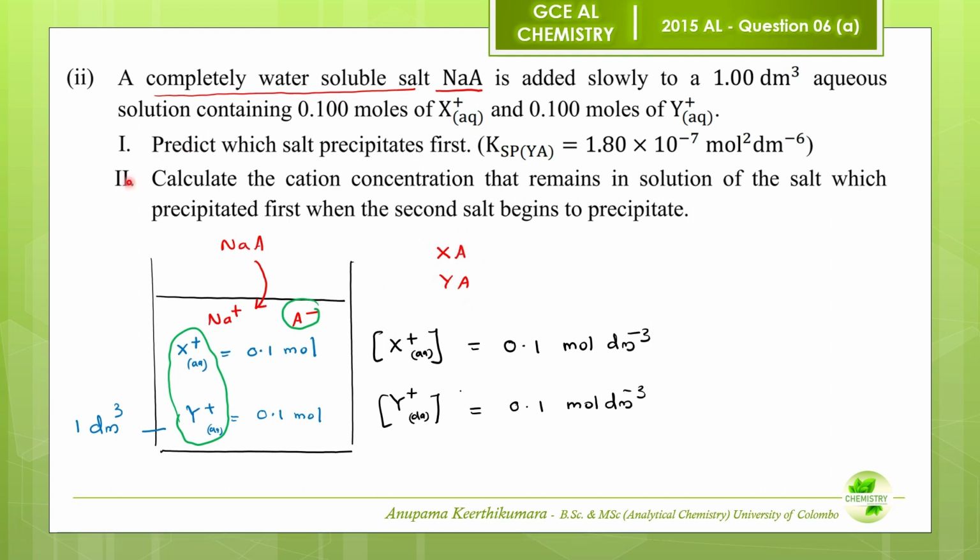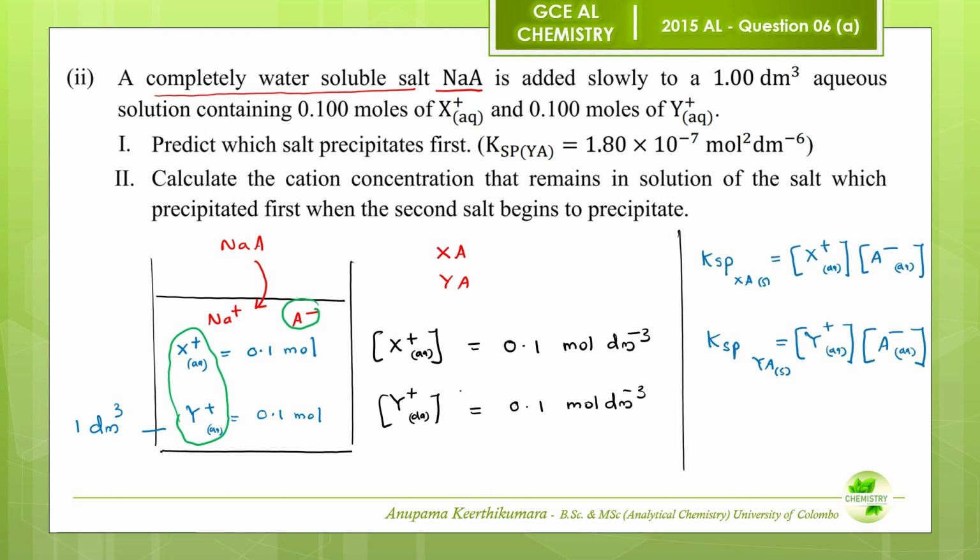Now we will move to part 1 of question number 2. Predict which salt precipitates first. This solution has to be saturated before the precipitation forms. In saturated solutions, ionic product equals Ksp.